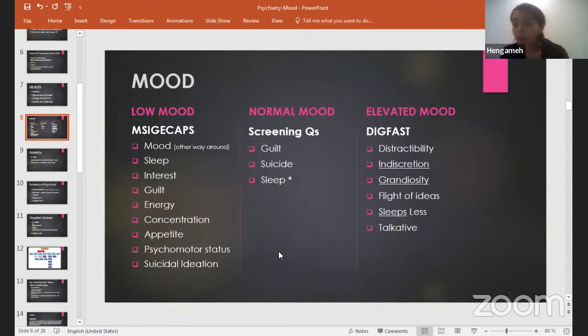Same goes with alcohol and smoking. If they say, yes, I drink, we don't just leave the drinking there. Maybe this is a problematic drinking. So if we're asking a question, it should be with purpose, and we need to ask the follow-up questions if we're getting anything positive there.